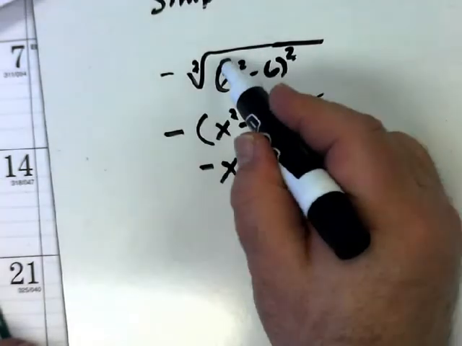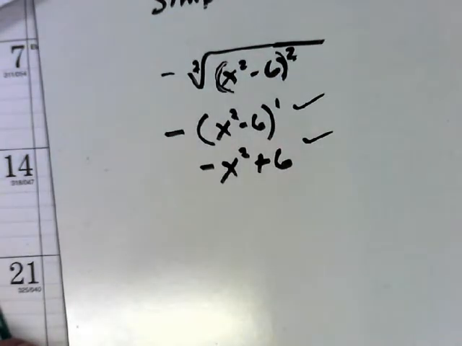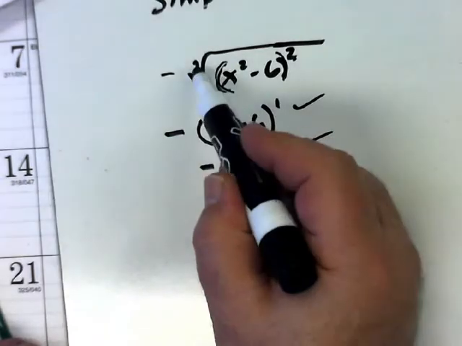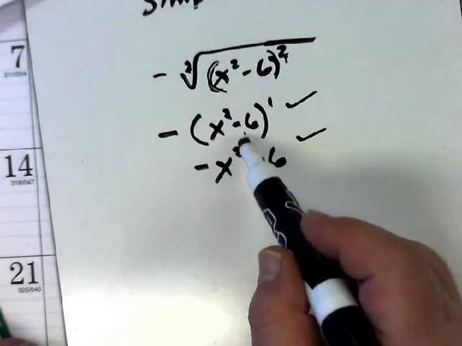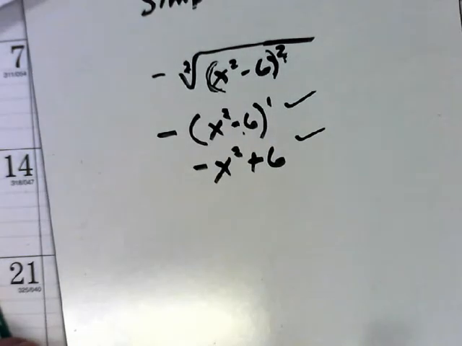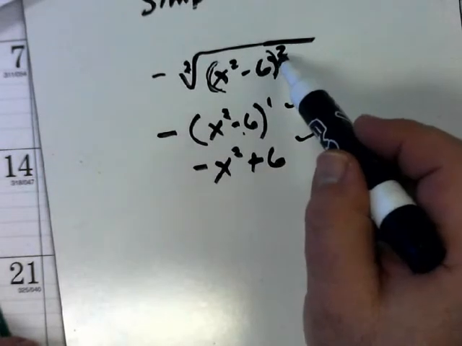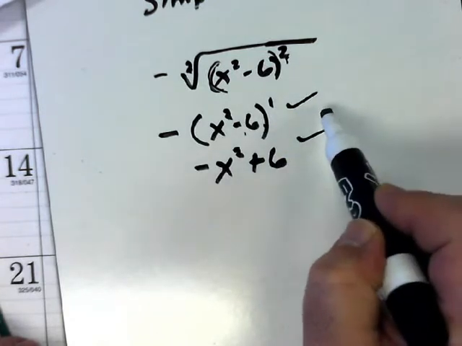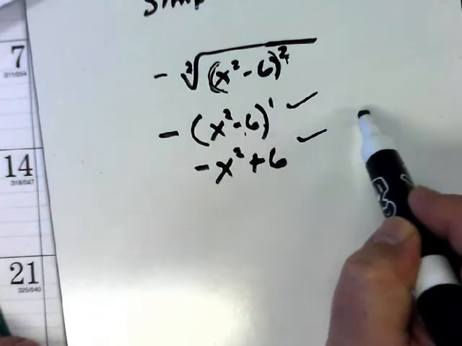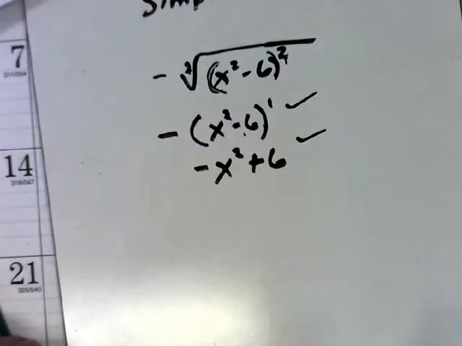This whole thing is squared, right? So doesn't this 2 go into this 2 once, into that whole thing, so I end up with x squared minus 6? What if it doesn't divide evenly? Let's say this was a 3, then I would have had this, then another square root, x squared minus 6 in parentheses to the first.